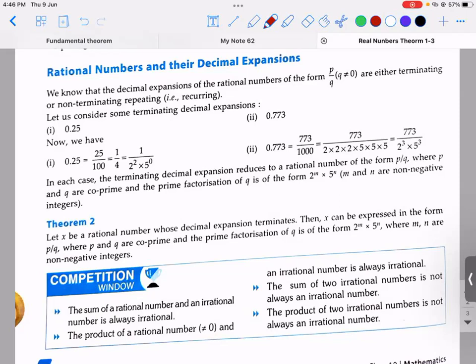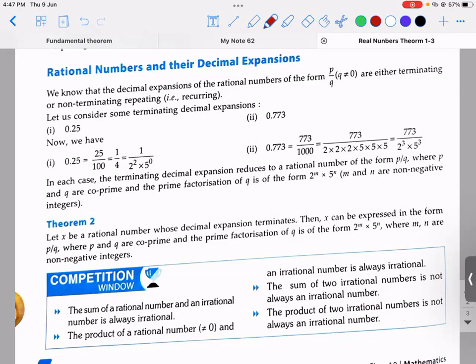So a square is equal to 49c square. But from 1, we know that a square is 7b square. Take this and substitute. So using this in 2, 7b square will be equal to 49c square.